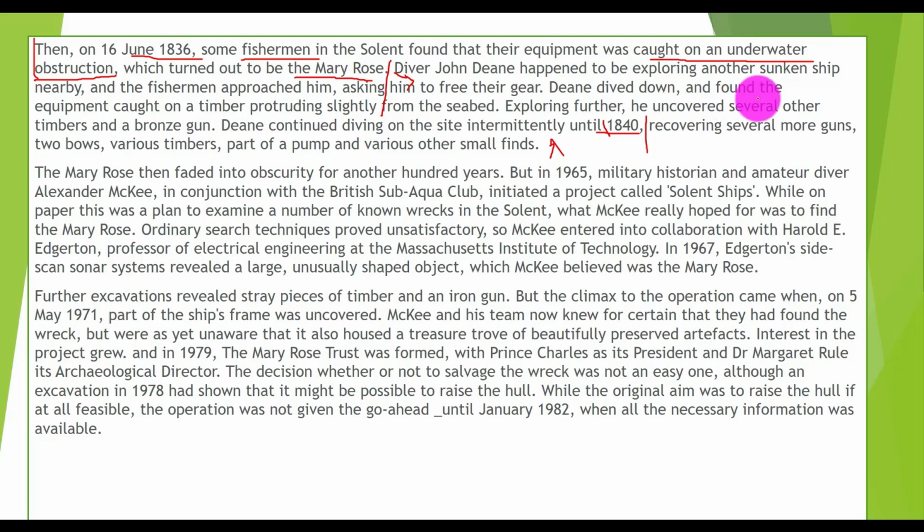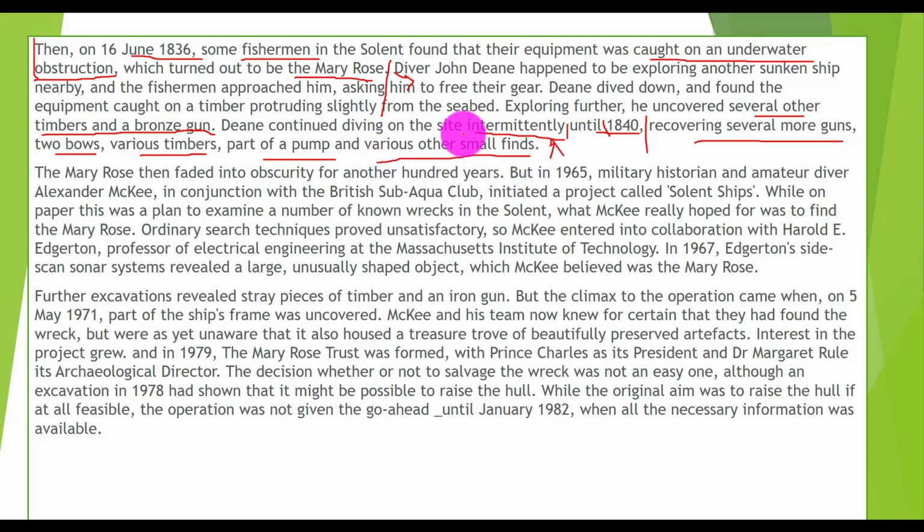Dean dived down and found the equipment caught on a timber, protruding slightly from the seabed. Exploring further, he uncovered several other timbers and a bronze gun. Dean continued diving on the site intermittently until 1840, recovering several more guns, two bows, various timbers, part of a pump, and various other small items.